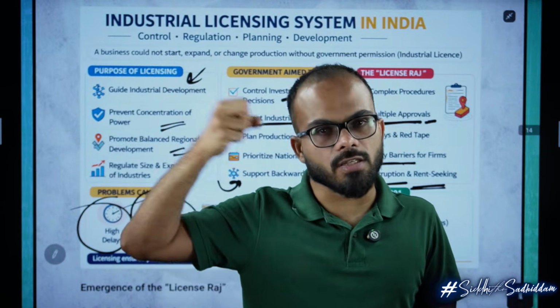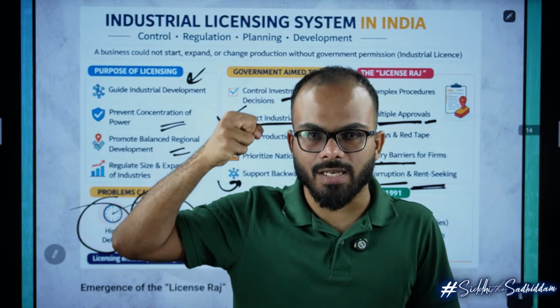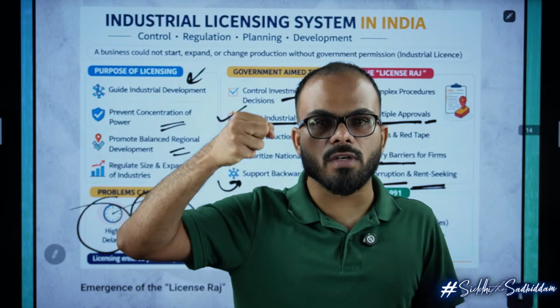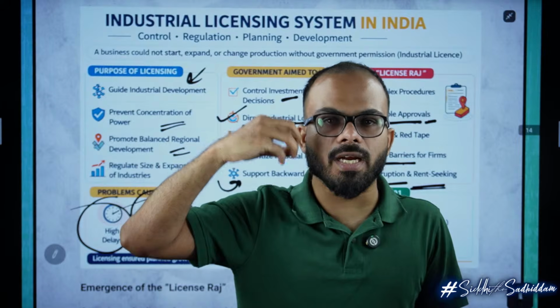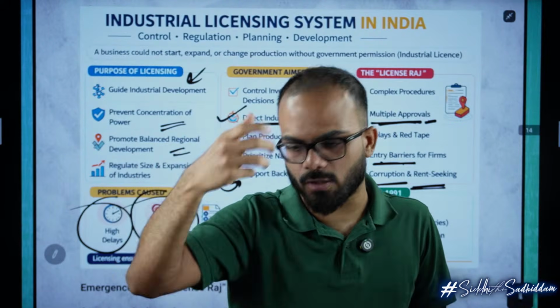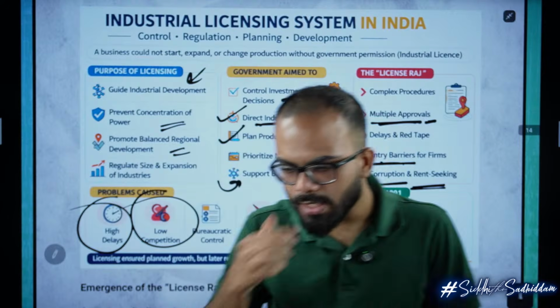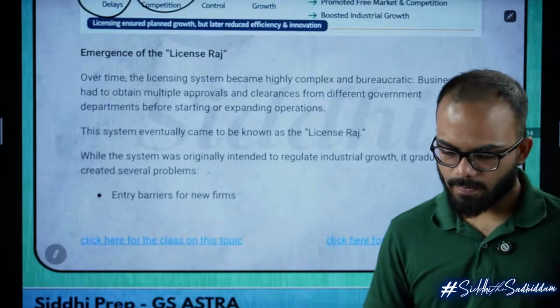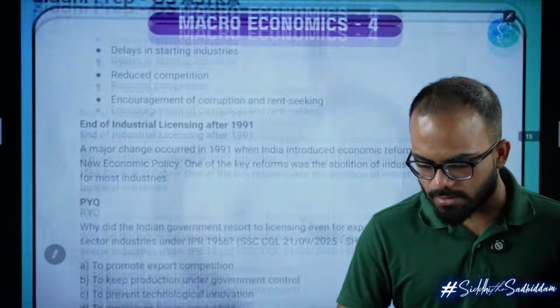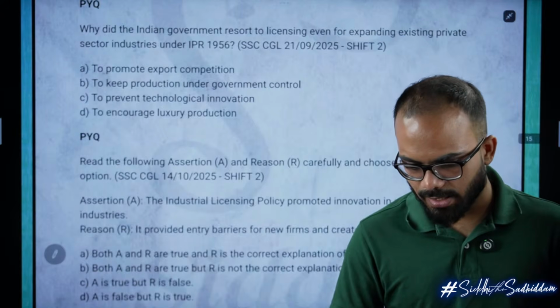So if you concentrate more power in the hands of the state, then the growth would be at the mercy of the people sitting at the top. Right? So this is the whole story of the emergence of the licensing Raj, and this ended in 1991.